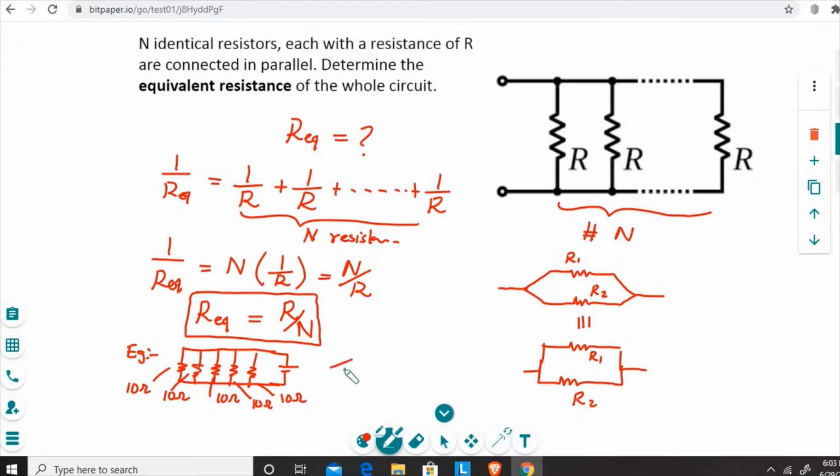How do I find the equivalent resistance for this system?